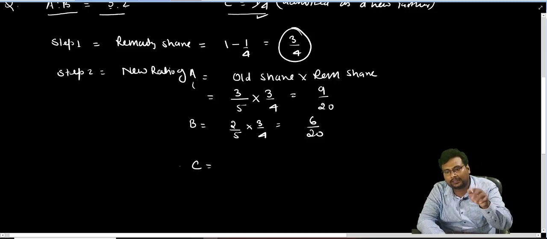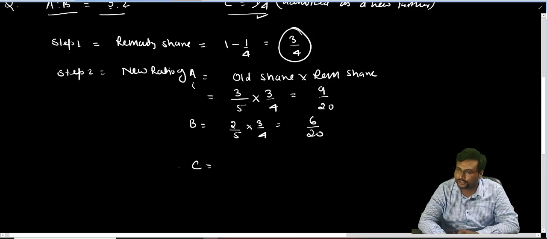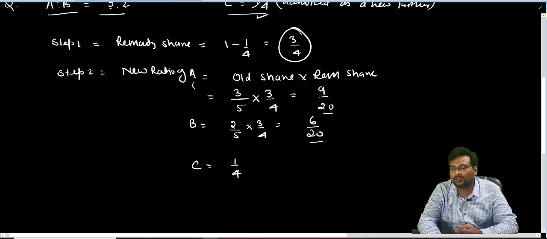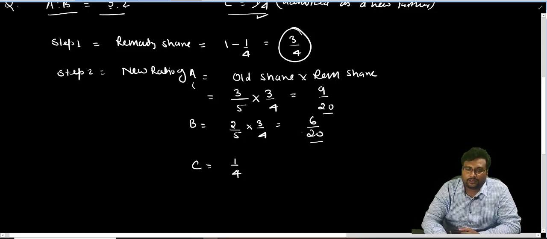Okay. Now proceed for C. C, as a new partner, will also get a share in the new profit sharing ratio, and C's share we already have as 1/4. What we have to do, we have to make the base equal. So the base for the rest of the partners is 20 and for the new partner the base is 4.